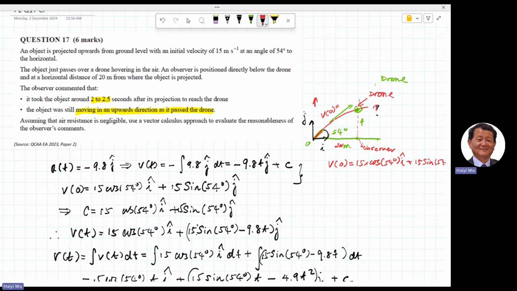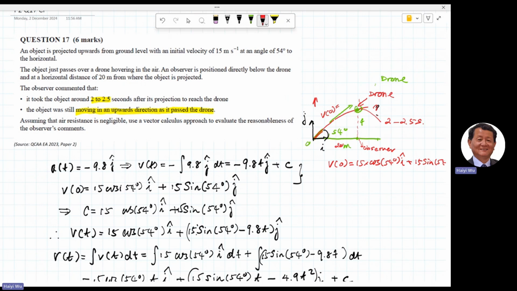So there are two assumptions. One is the object passes the drone between 2 and 2.5 seconds. But whether it continues on, or whether by the time it passes the drone it is already going downwards, we don't know.